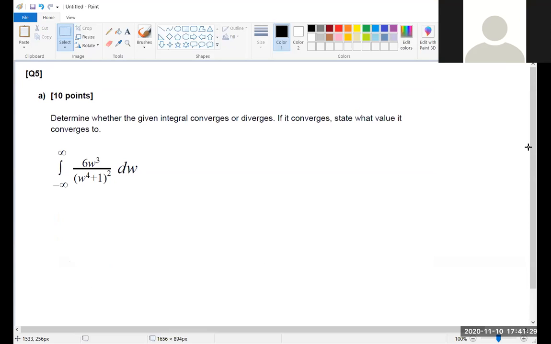One person said partial fractions, which is fair because the denominator, you can factor it into two parentheses. But is there another way we can factor this?